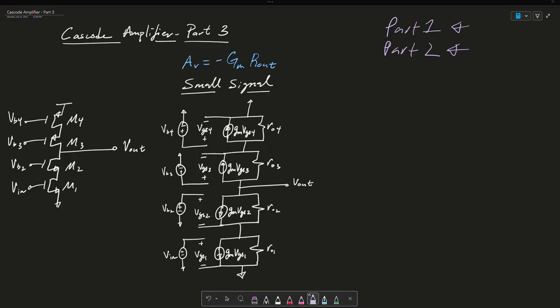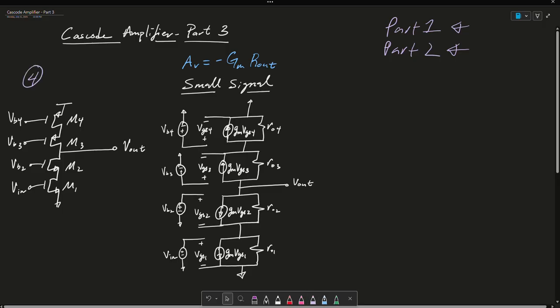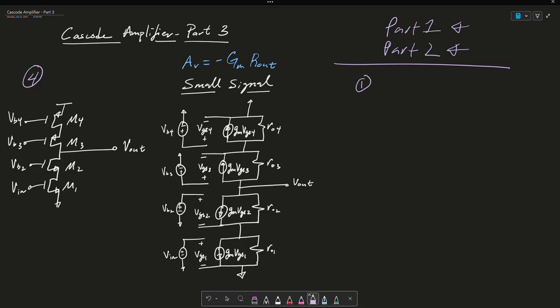So in terms of the progression of the Cascode Amplifier, this is what I consider the fourth progression. The first progression is a regular amplifier: RD, VDD, and a V input, an AC signal, and you take the V out. This is what I consider the common source amplifier, and I've done a video on this.